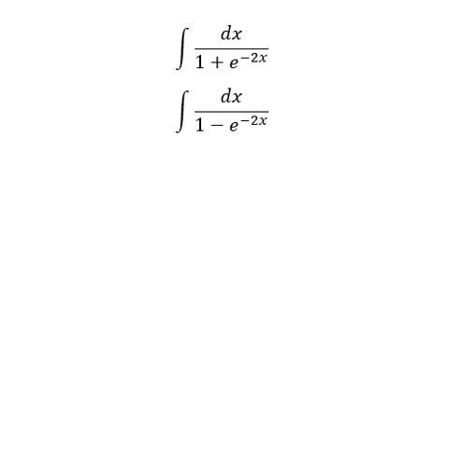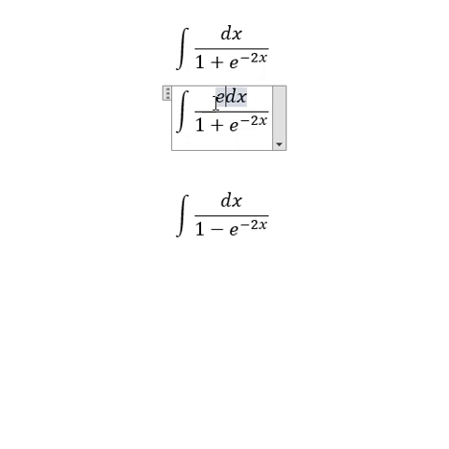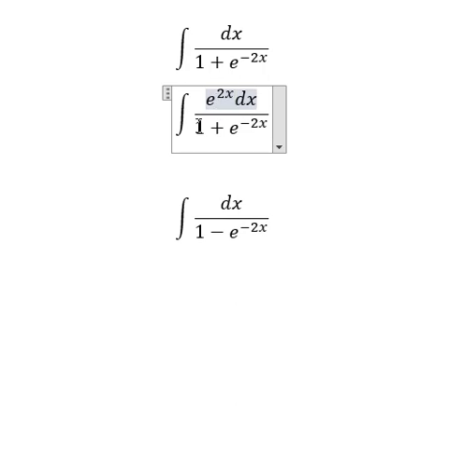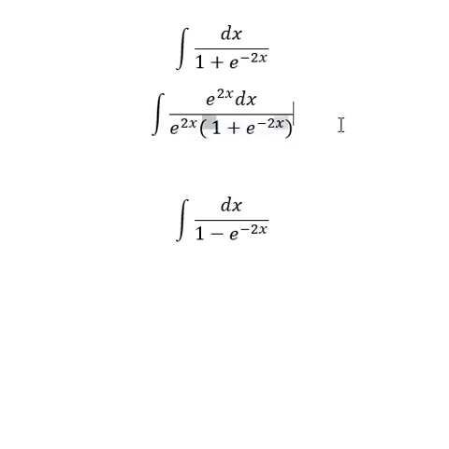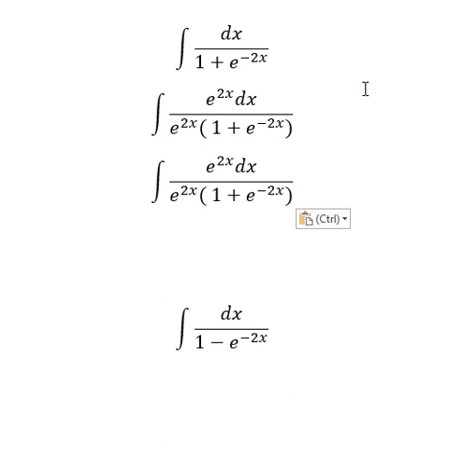So today I will show you how to answer this one. We need to multiply by e to the power of 2s on numerator and denominator. So this one will distribute for number 1 and e to the power of negative 2s.